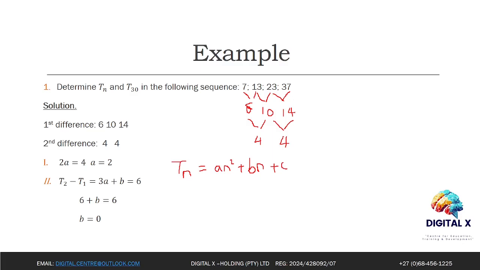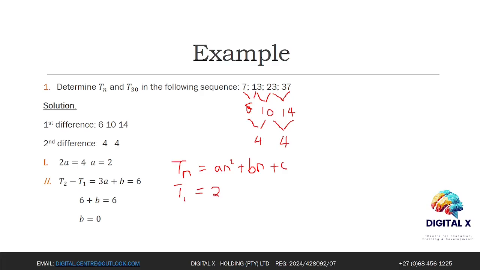So already we know that the value of a is 2. So what we are going to do is just to do the following basic substitution. We are looking at t subscript 1, or the first term of our sequence. Then we just do basic substitutions.